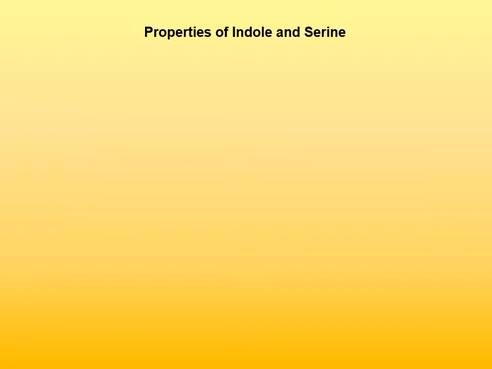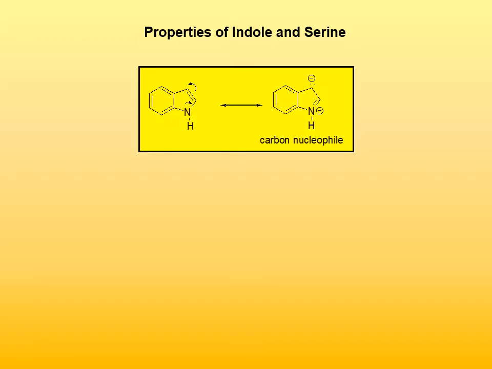Now, there are problems with the reaction as written, because the way the reaction is written, it would appear to be an SN2 reaction. And that in a way may make sense, because when we consider resonance structures of the molecule of indole, we can see that indole has the localized free electron pair of nitrogen.